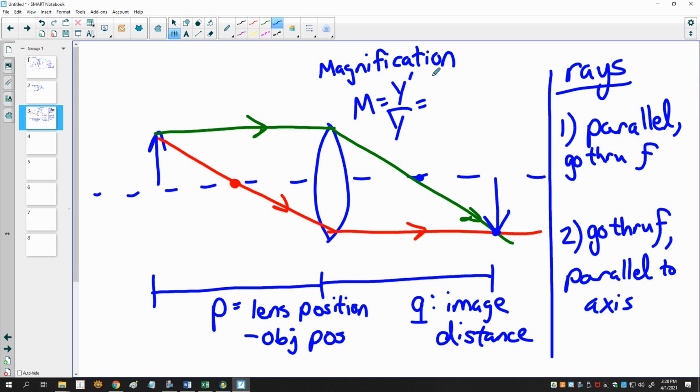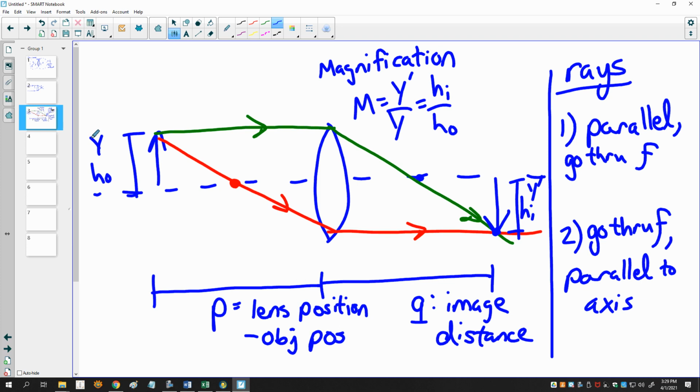In your class, we call this HI over HO. The height of the image is just right here, or this is Y prime. The height of the object is just this, or we call this Y.